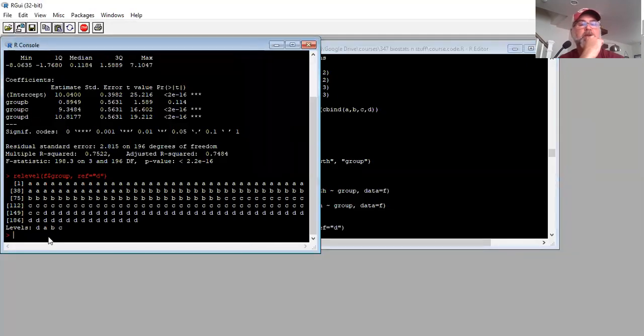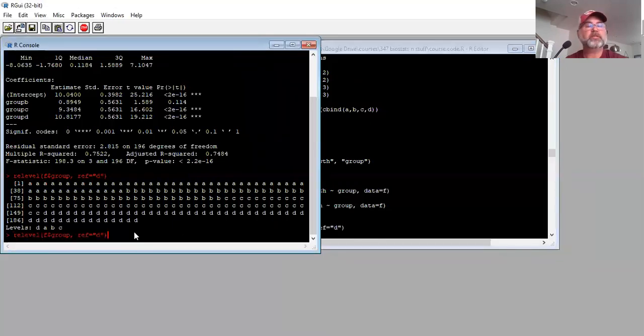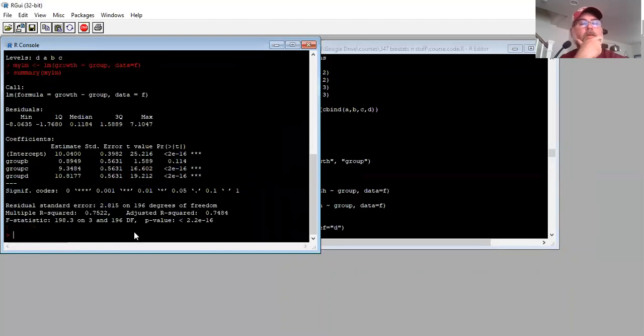And you see over here, what it did was it now does DABC. And the question is, if I was to run ANOVA, what happens? All right, so unless you tell it that your data's been reorganized, it'll go back and do the same thing.